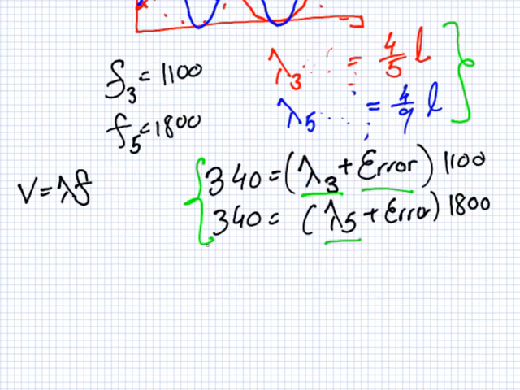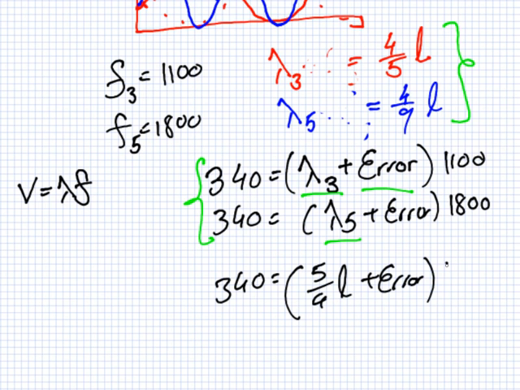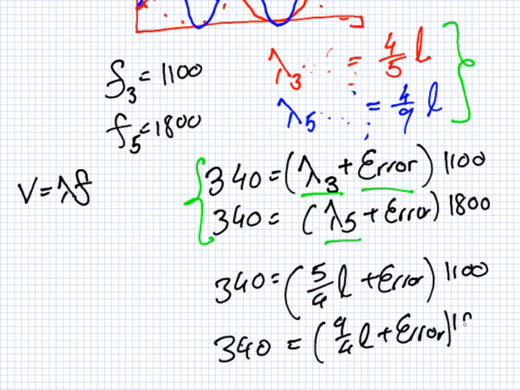So I can change this into 340 equals 5 quarters L plus the error times 1100. And then here 340 equals 9 quarters L plus the error times 1800.